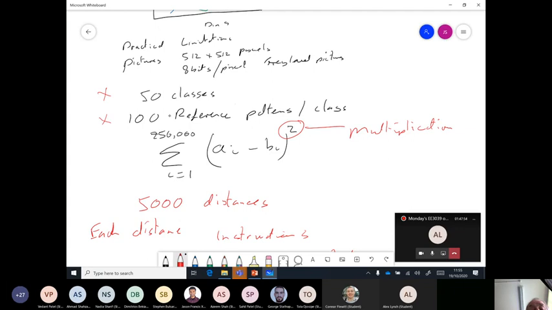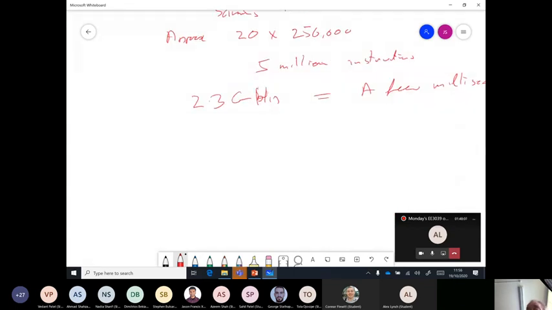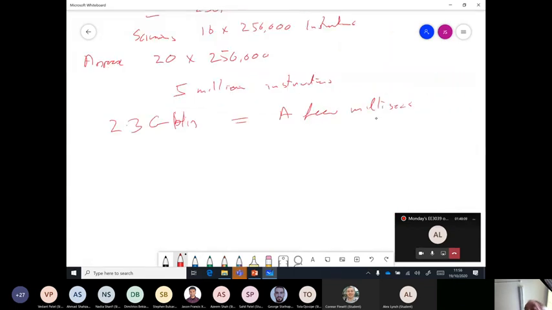And maybe we need 1,000 reference patterns per class for reliability, because we don't want inseparability problems. These figures could be very much larger in practical applications. If we multiply a few milliseconds by 1,000, increasing the size of the problem, it becomes slow.